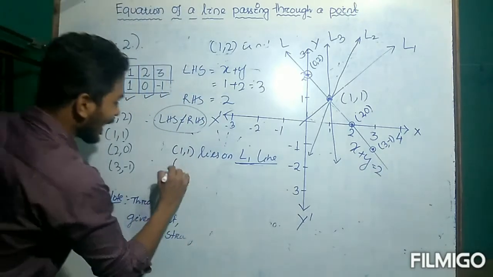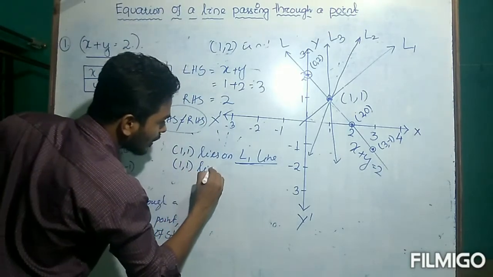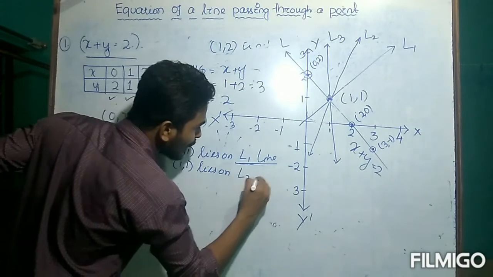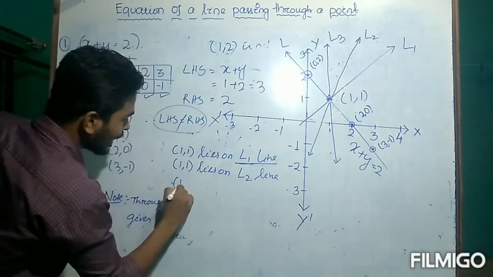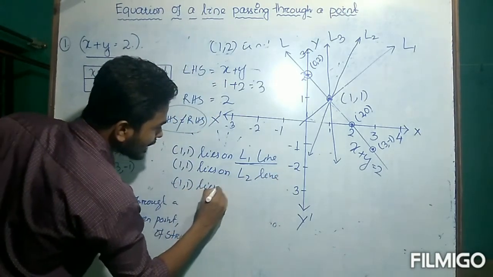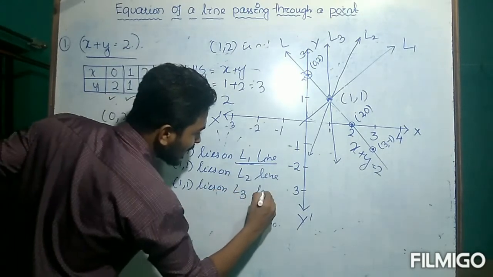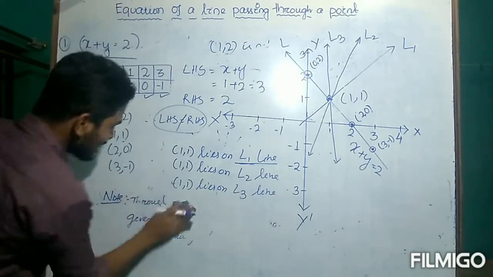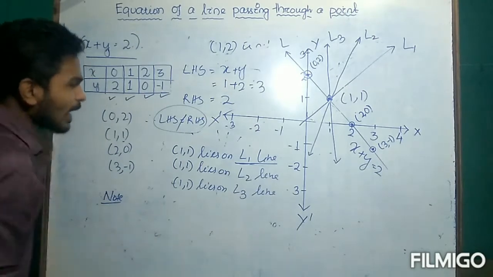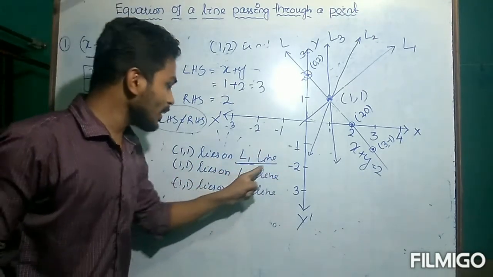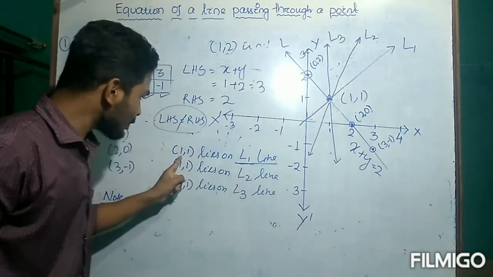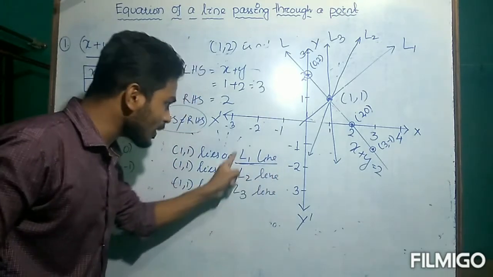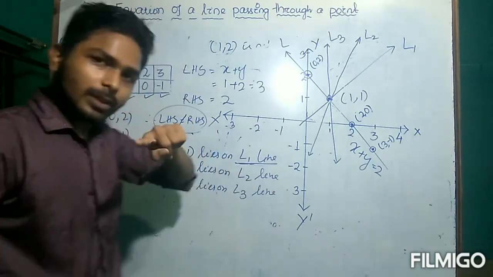Understood? Similarly, you can write 1 lies on L2 line. Okay, 1 lies on L3 line. Since the point 1 lies on L1 line, L2 line, L3 line, that means this point must satisfy the equation of these lines, according to the concept.